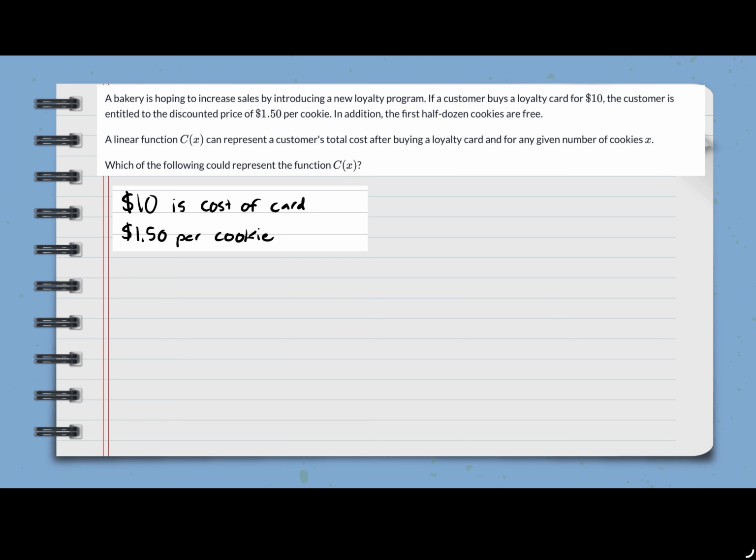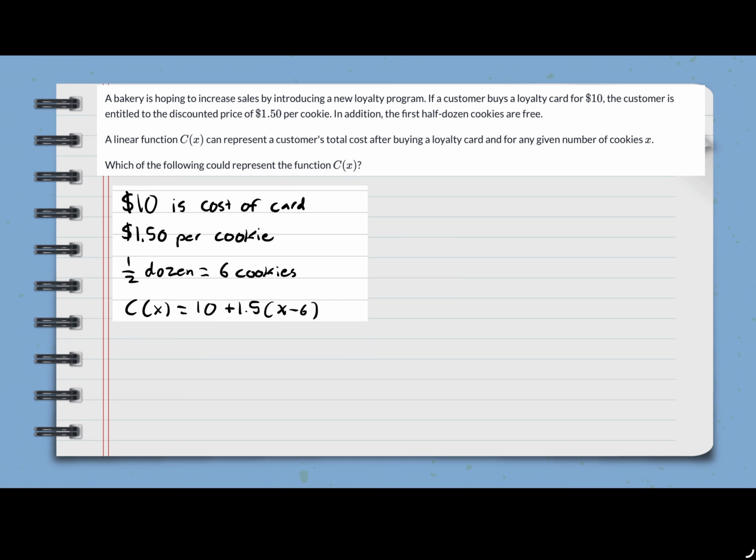So we do know that 10 is the cost of a card, just a flat fee, and each cookie is discounted $1.50. And again, half dozen is 6 cookies. You guys should know this. So setting this up in terms of c of x, we have c of x equals 10 plus 1.50 times x minus 6. And that minus 6 comes from the first 6 cookies being free. You get 6 cookies, you don't have to pay anything extra.